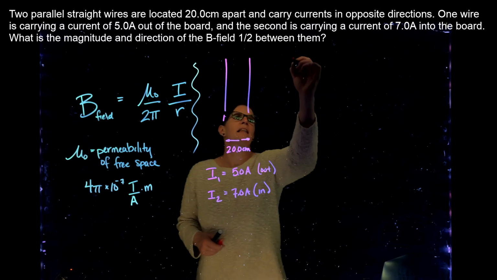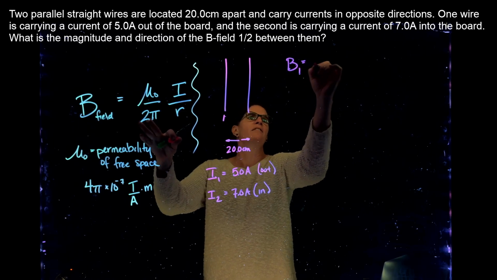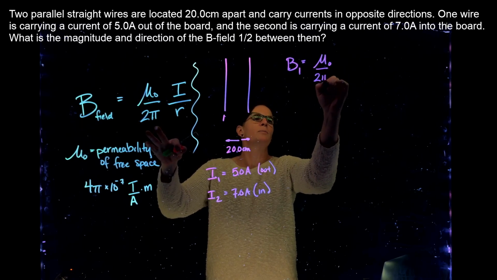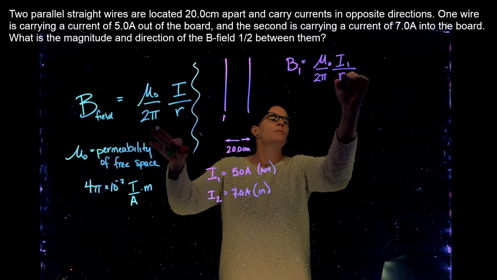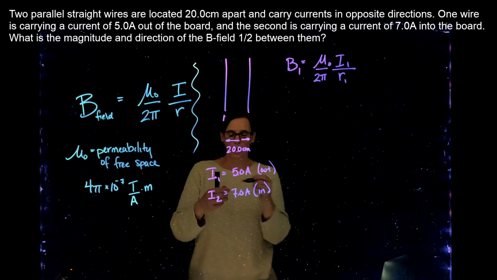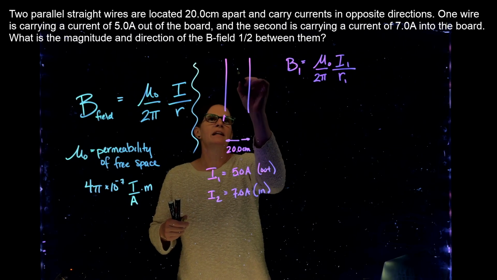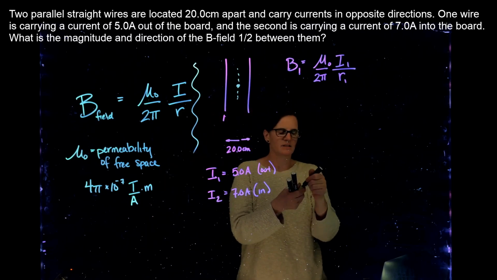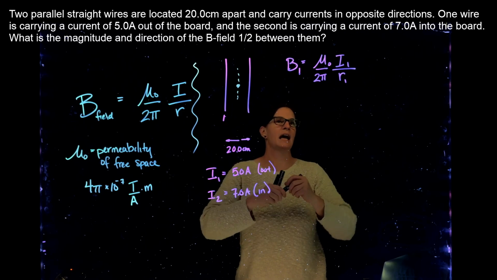So let's look at the magnetic field from current 1. We have the equation for the magnetic field, mu sub naught over 2 pi times current 1 over the radius, R1. And then we're told that it is halfway in between. We want to know what is the magnetic field at this location between them. And so that radius is 10 centimeters from any one side.